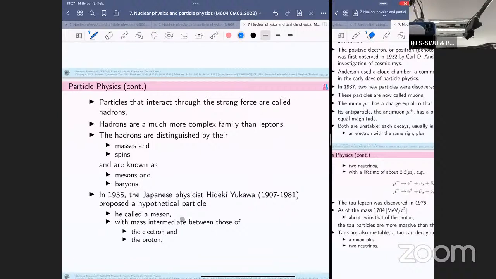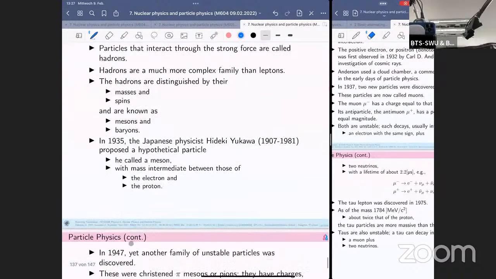He didn't discover it himself, but he proposed it. There should be a particle whose mass is in between nucleon, or proton, and electron, and that's called Meson.